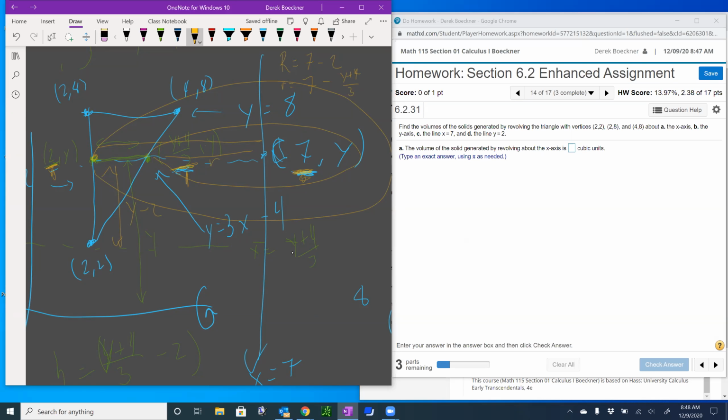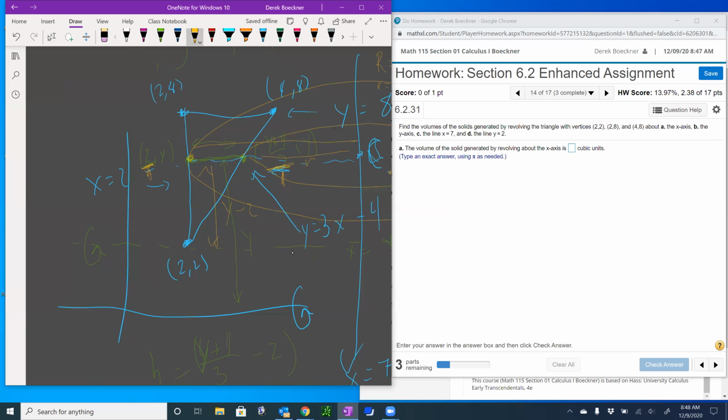Any last questions? We're almost out of time here. So if you rotate around the y-axis, how does that change it? Your point that you're rotating is going to be at 0 comma y. So let's get rid of a bunch of stuff here.